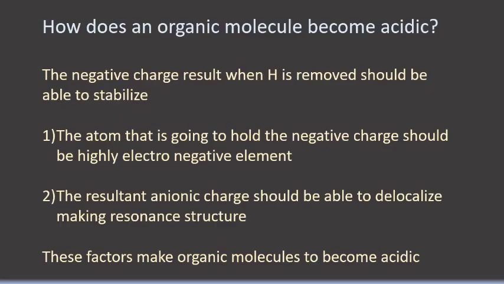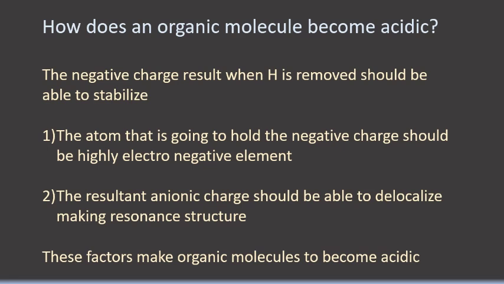Now let us look at the summary of what we have learned so far. We learned how an organic molecule becomes acidic. In other terms, we can identify whether a given organic molecule has removable protons, and we identify them as acidic protons.